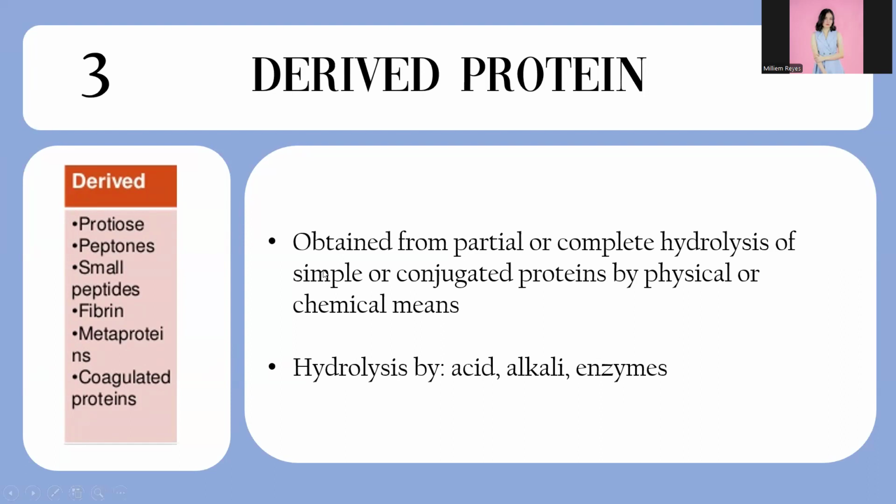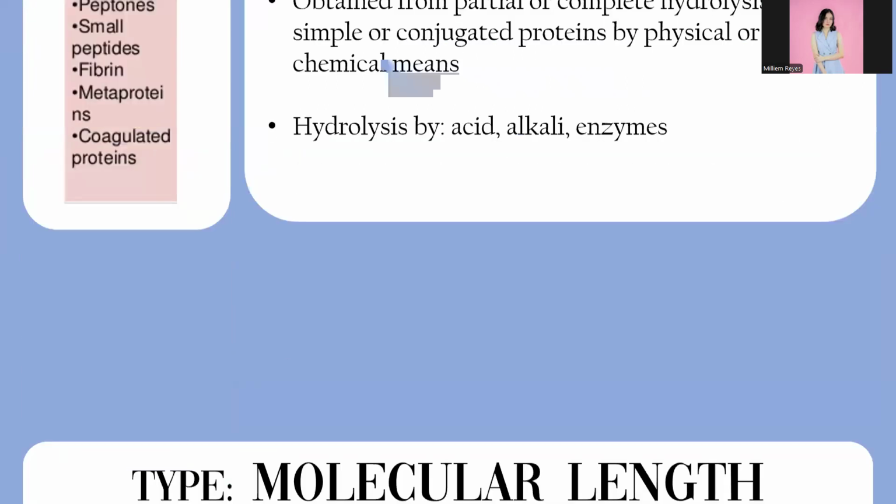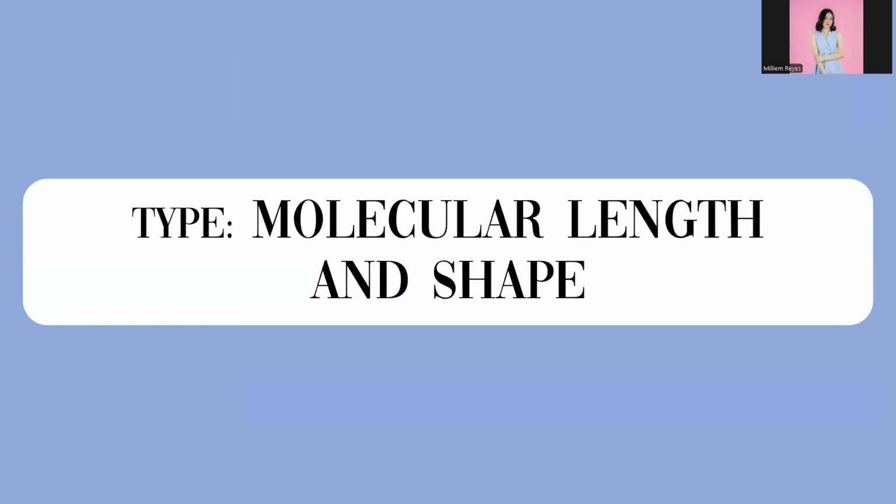So for example, we have your proteoses, peptones, small peptides, fibrin, metaproteins, and coagulated proteins. We will talk about these coagulated proteins and the derived proteins on how we get them later on in the denaturation part of this lecture. So you can just pause anytime if you need to, but let's move on to the type by molecular length and shape.